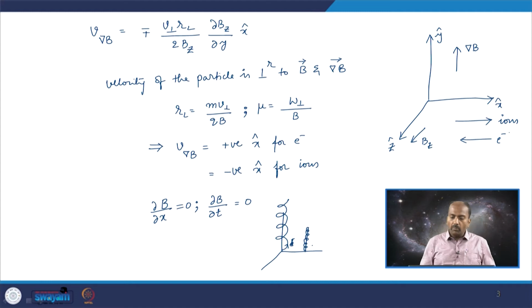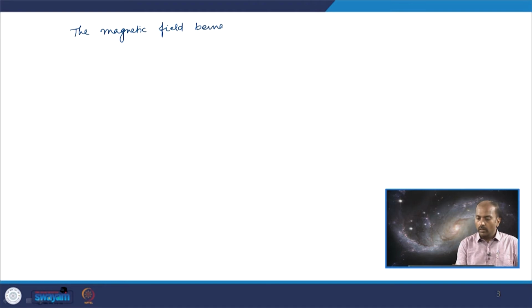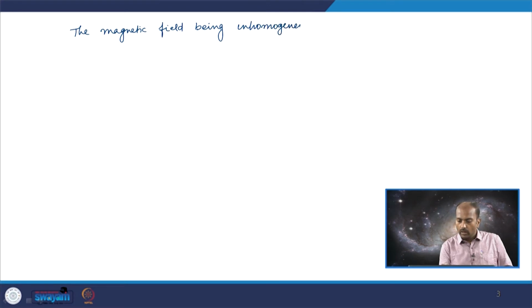So the main important point is that the magnetic field being inhomogeneous allows charge separation, right.